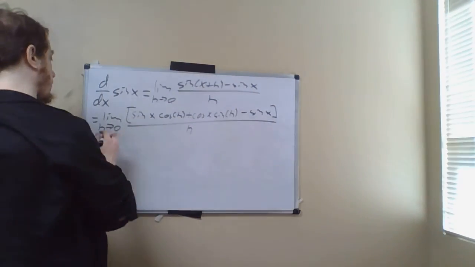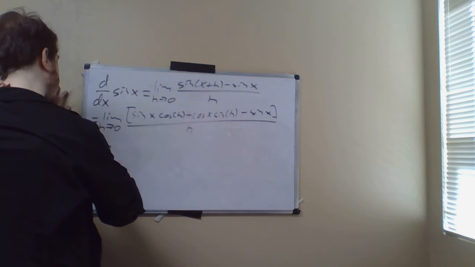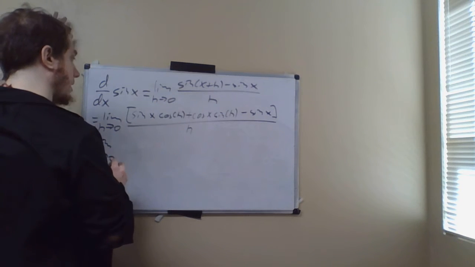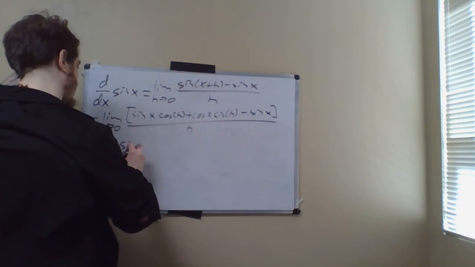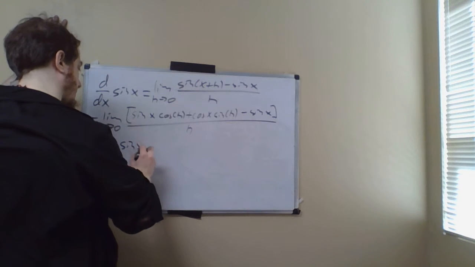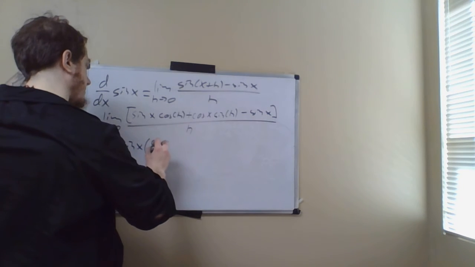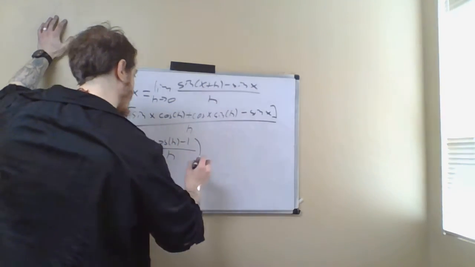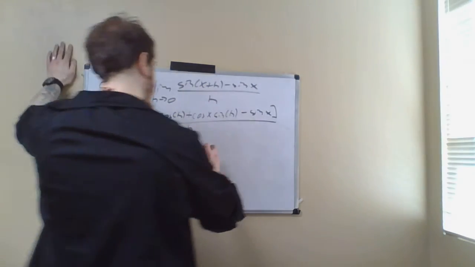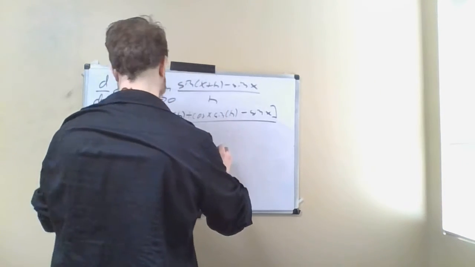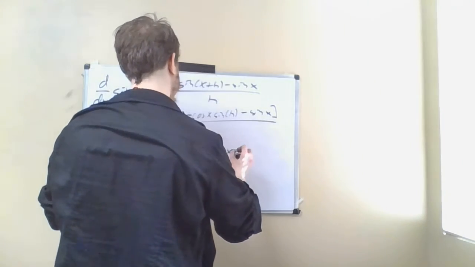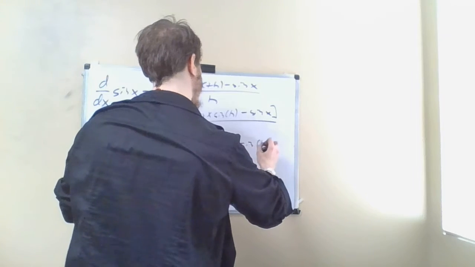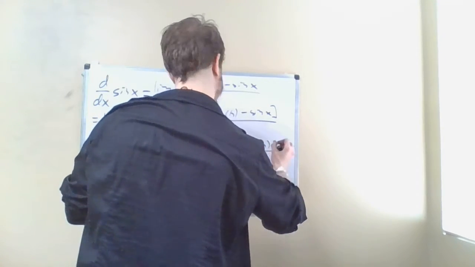Actually, let me rewrite this as we do, because we have to be very careful about this. So this is going to be the limit as h goes to 0 of sine x times cosine of h minus 1 divided by h, and then plus cosine x times sine of h divided by h.